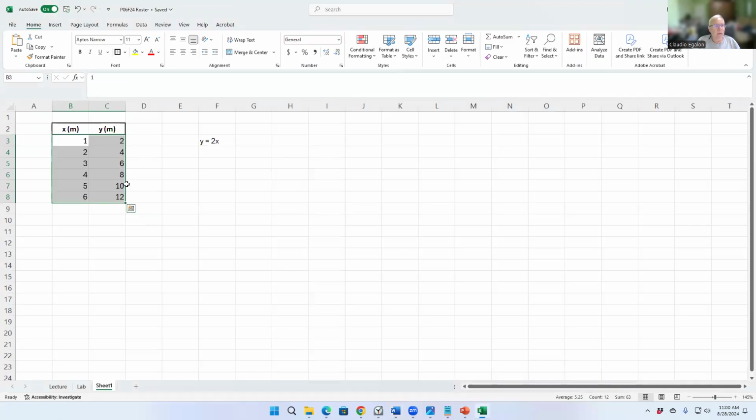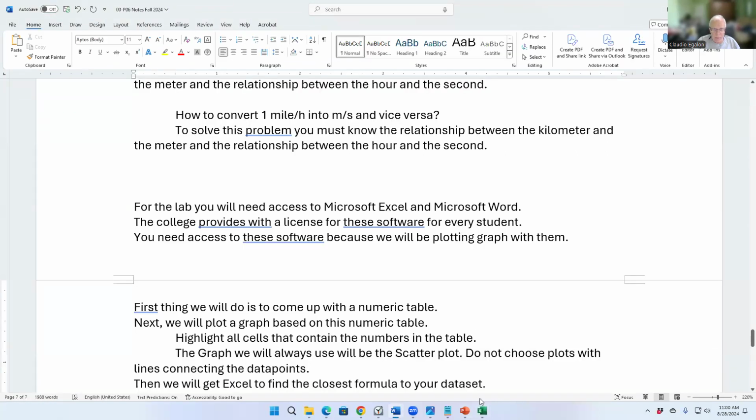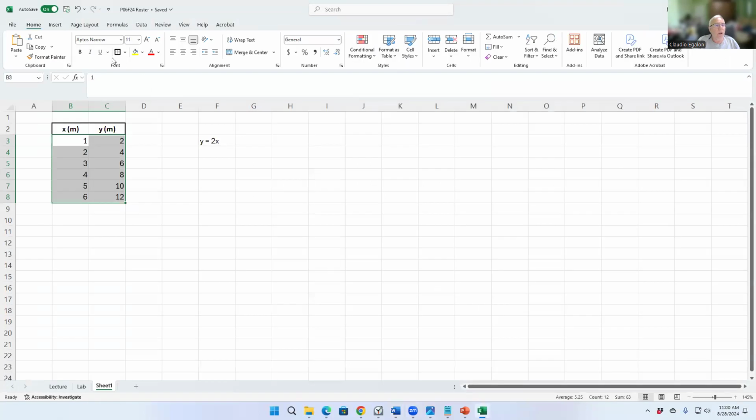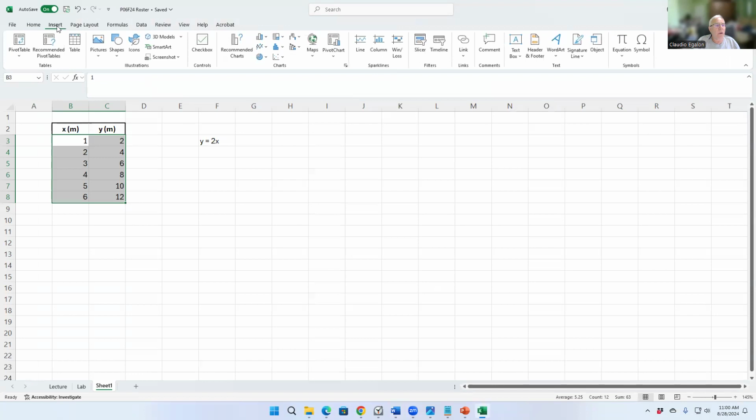Once you highlight, go to insert, the third option here in Excel, and look for charts. All charts are here, right?